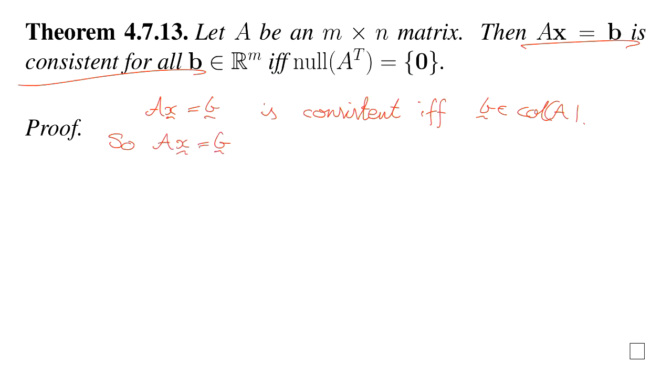So Ax equals b is consistent for all b in Rm if and only if the column space is Rm.